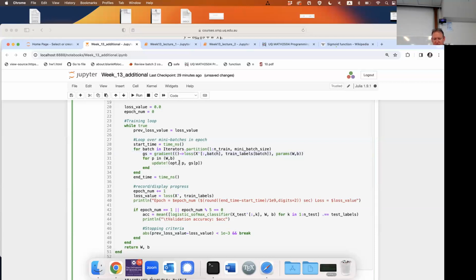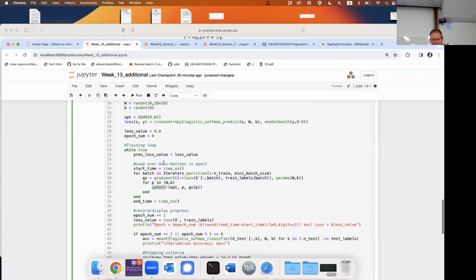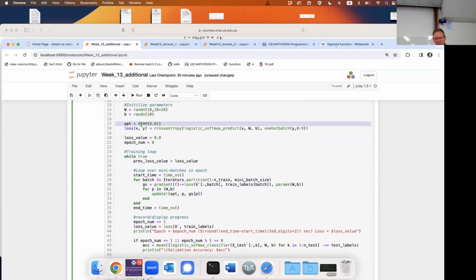This is done here using kind of a black box, the update exclamation mark function given by Flux. What it's actually doing is using a variant of gradient descent called ADAM. ADAM is adaptive stochastic gradient descent, even though stochastic's not in there, that's what adaptive is. Adaptive stochastic gradient descent with momentum.